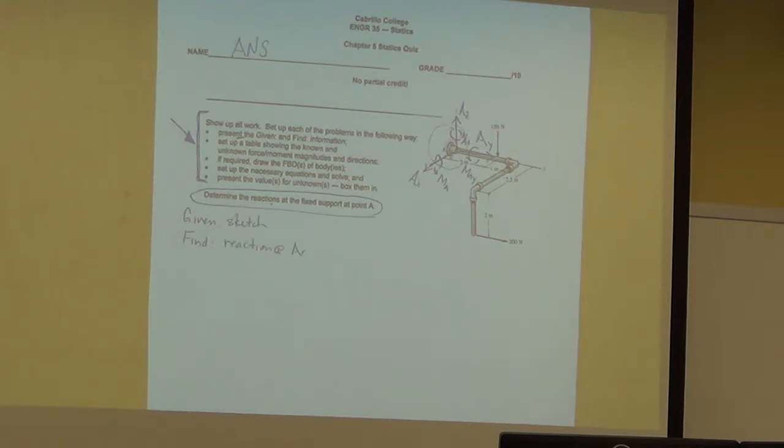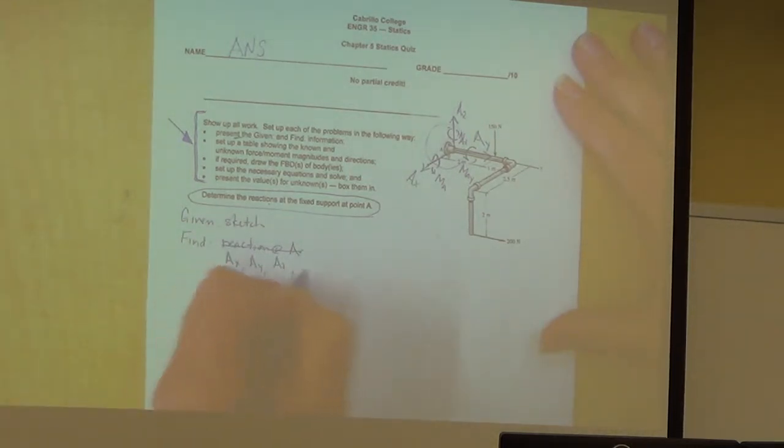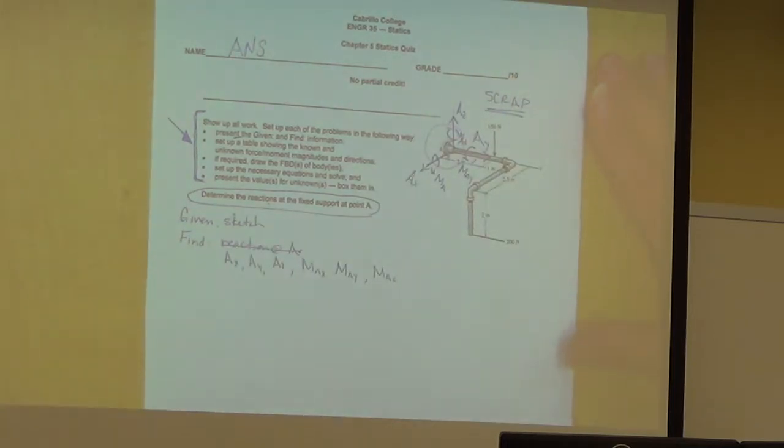Okay. So instead of writing reactions at A, I could have just written AX, AY, AZ, moment about X, moment about Y, and moment about Z. And remember, all this is scrap, right? I didn't draw my free body diagram yet.